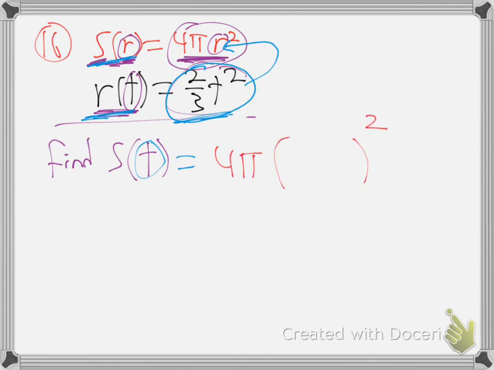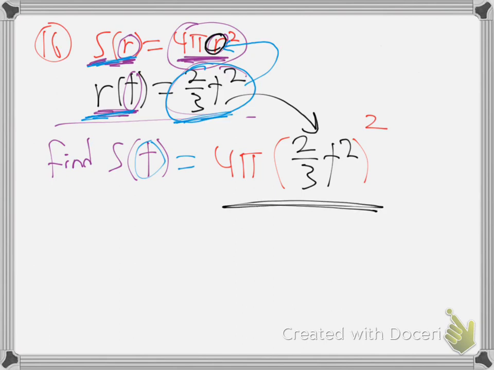And what am I going to stick in there? 2/3 t squared. See how I just stuck R right here in the S function? And now, see how this is now a function of time? It's only got time. So that's one of the real life ways that functions are composed with one another and why that's done. So then we just got to do a little algebra cleanup on that.